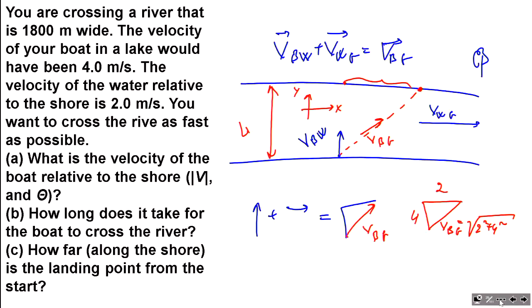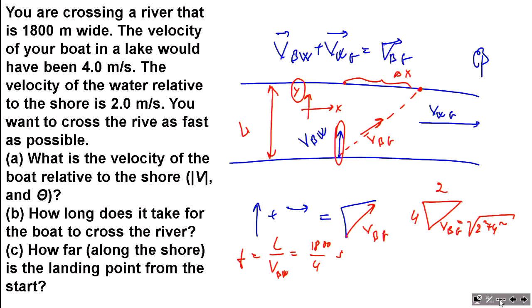So we need to relate length with this component. This component is equal to 4. But now if we know time, we can calculate this distance, delta x.